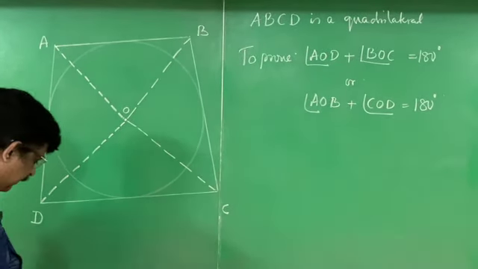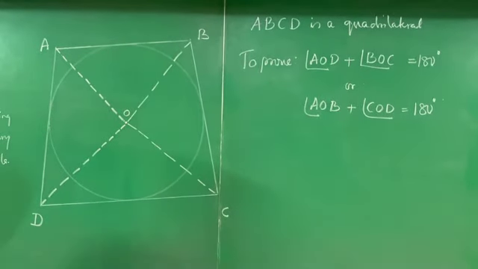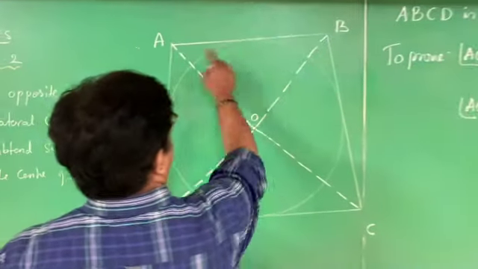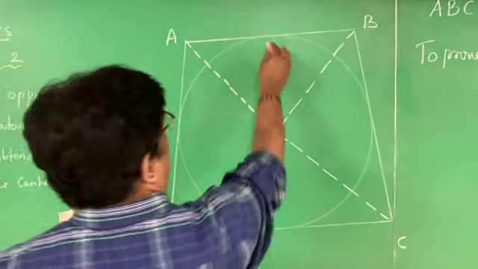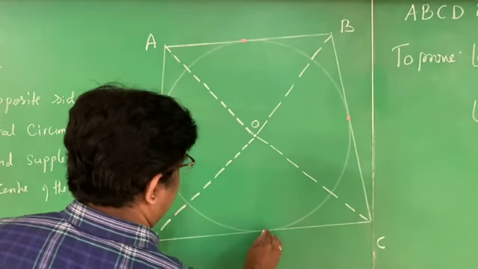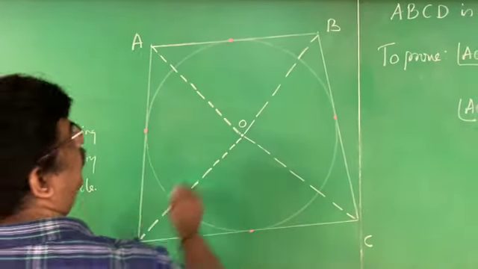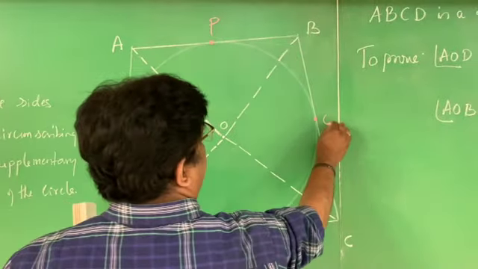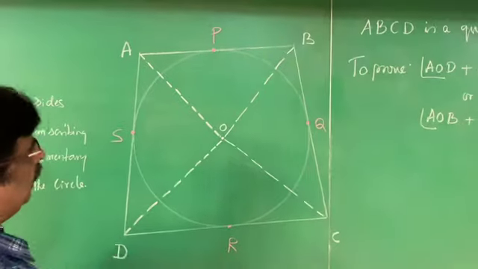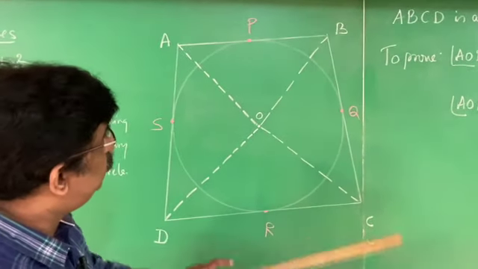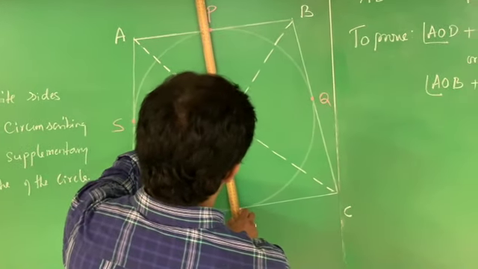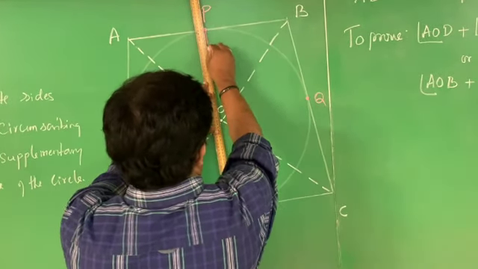To prove this, I require a construction. The sides of the quadrilateral are touching the circle, because I get right angles there. That is the advantage of it. These points are points of contact. I name them P, Q, R, S. Now I join OP, OQ, OR and OS.